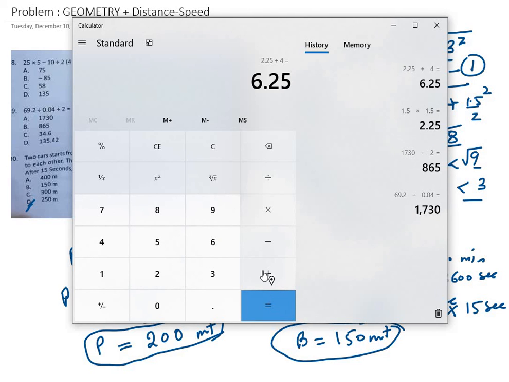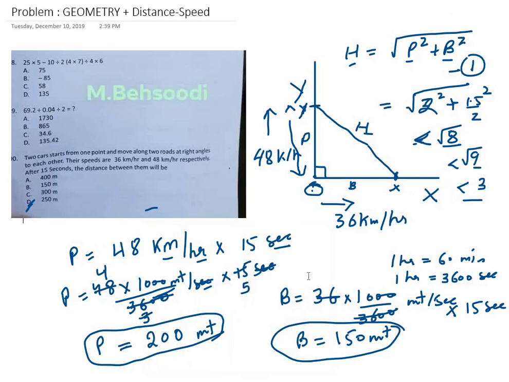Now let's take the square root, so it will be 2.5, right? So our logic was correct without solving these big numbers, 200 and 150. There are ways to solve it as well. We can take 100 outside and simplify it, but just by this logic, that it will be less than under root 8, which is less than under root 9, so it will be less than 3, we have only one option, 250.